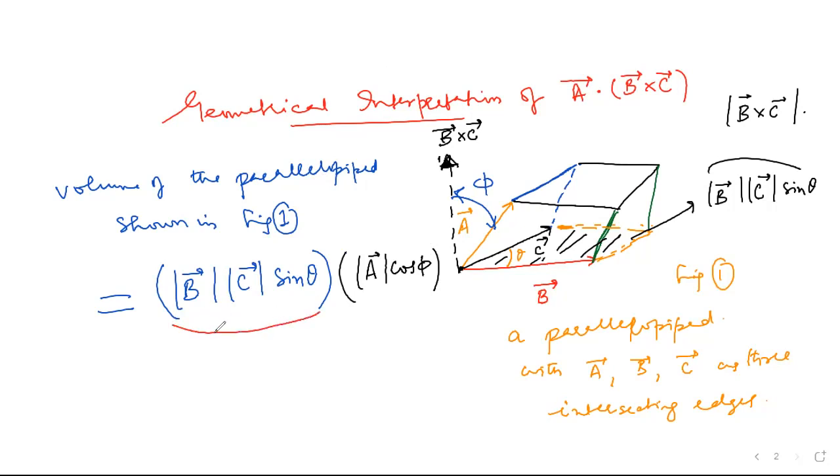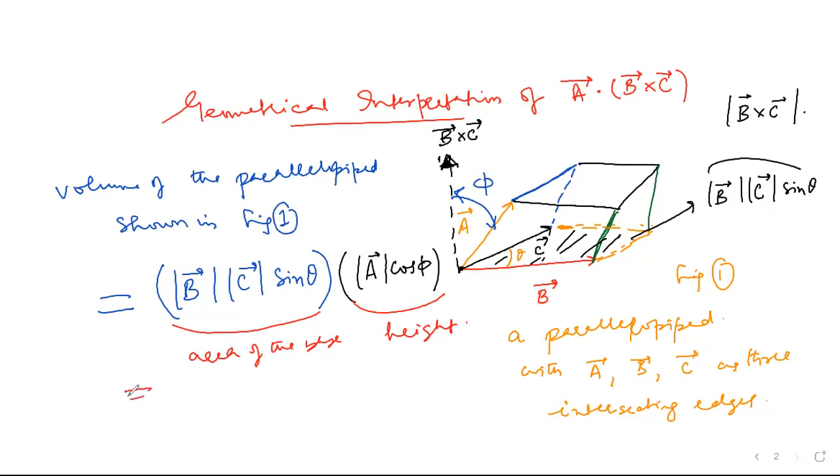This thing is the area of the base, and A cos phi is height. So the height into area of the base becomes the volume of the parallelepiped shown in figure 1.